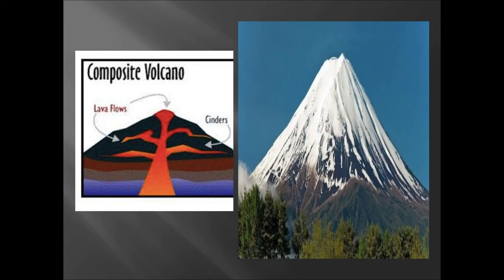Our cinder cone volcanoes, which are our little steep mountains made from volcanic ash. We have our big, broad shield volcanoes, which are made from layers of lava. And then we have our nice, tall, classic stratovolcano or composite, which are made from layers of volcanic ash and lava.